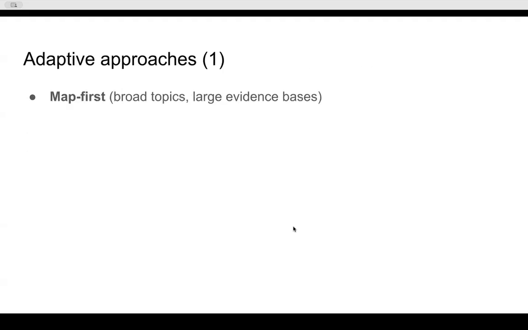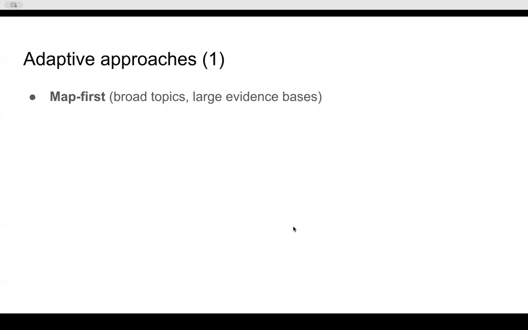So some of these approaches that I've seen used or I've used, some of them are a bit obvious, a bit entry level, but I really think it's worth mentioning again, because in some fields people feel very constrained by that traditional standard systematic review methodology. So one thing that I use pretty much routinely now is a map first approach.